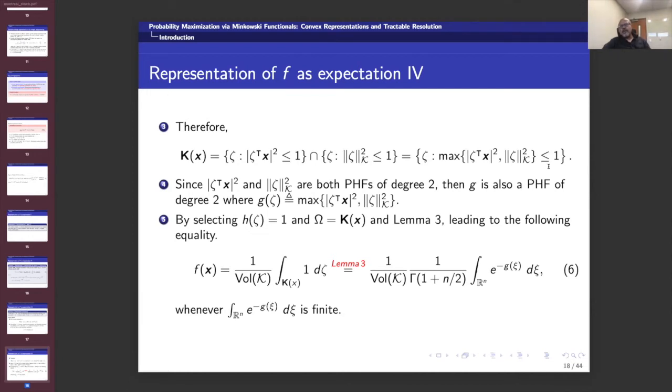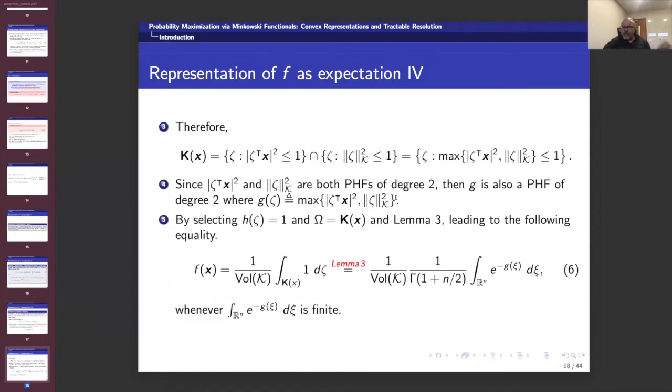Now, once you observe this, you can see that since both zeta transpose X squared and zeta squared with respect to the norm zeta squared with respect to K script are both positively homogeneous functions of degree 2, the function g, which is defined as the max of these two, is also a positively homogeneous function, right? And that's a crucial observation.